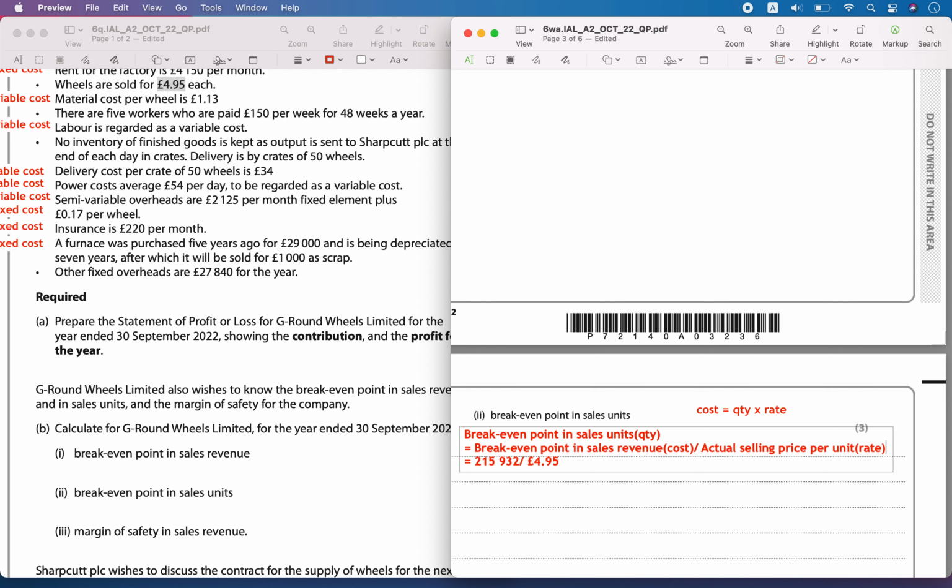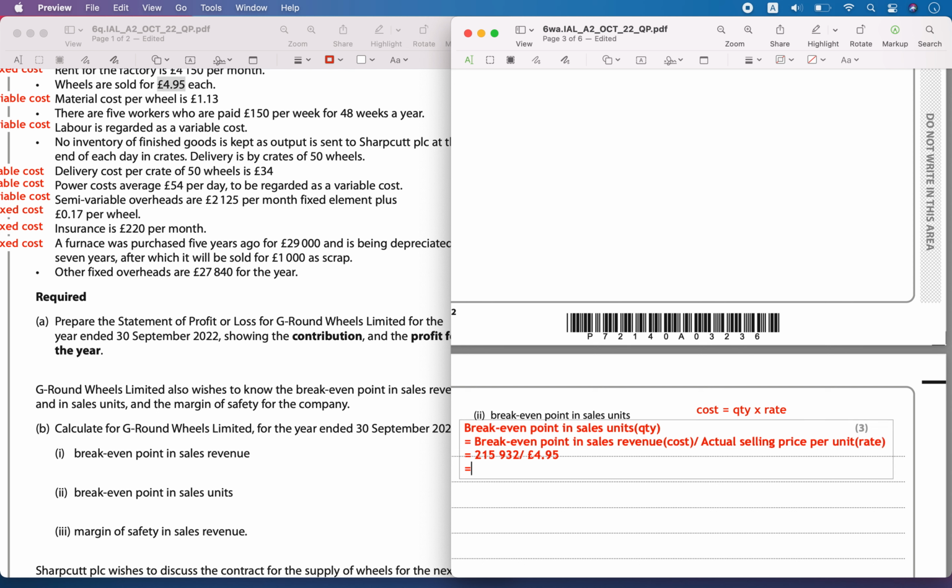So this represents the rate per unit that is being sold. So this is going to get us the quantity to be sold at the break even point. So that is going to be equal to 43,632 units.